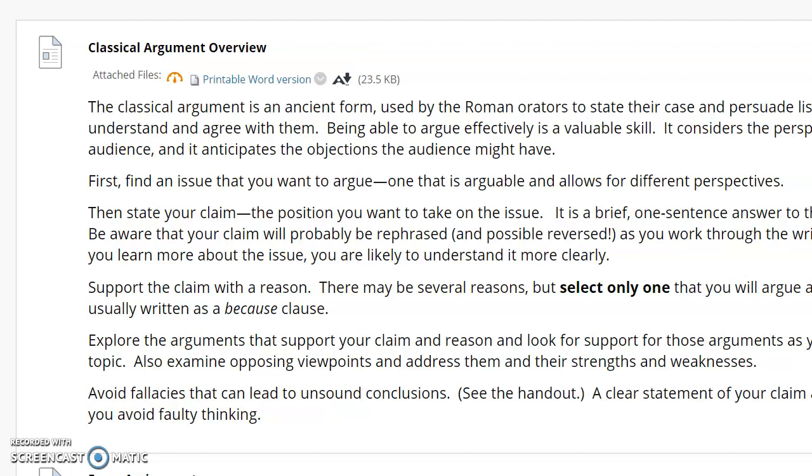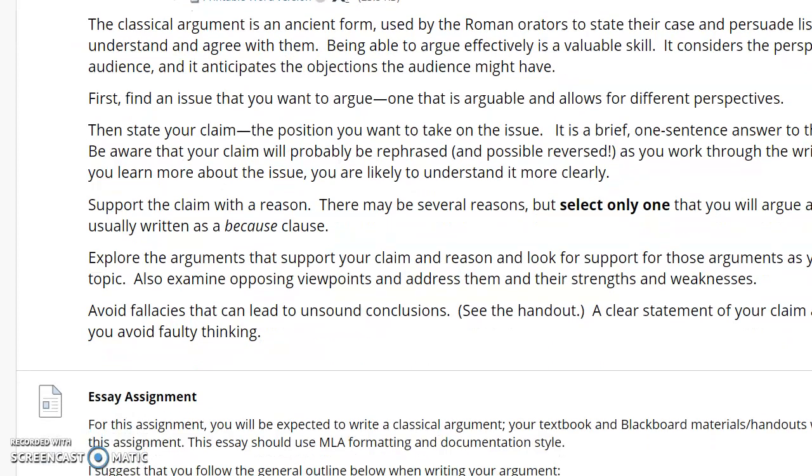And you'll place that, as always, at the end of your introduction. Then begin exploring arguments that support your claim and reason, and look for support for those arguments as you research your topic, but also look at opposing viewpoints and address them for their strengths and weaknesses.